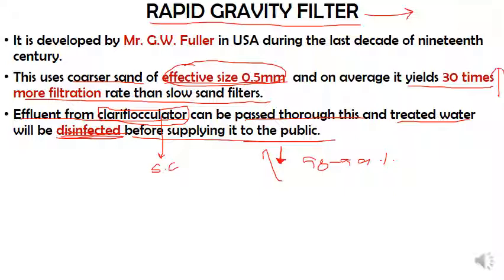As the rate of filtration increases, the efficiency goes down. So, again I'll repeat, effluent from the clariflocculator can be passed through the rapid gravity filter, and then the treated water will be disinfected before supplying it to the public.